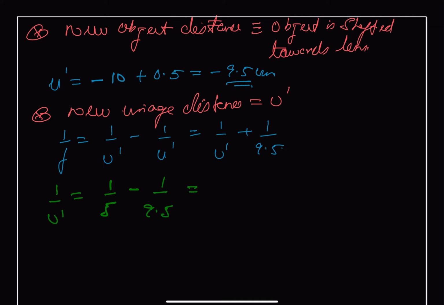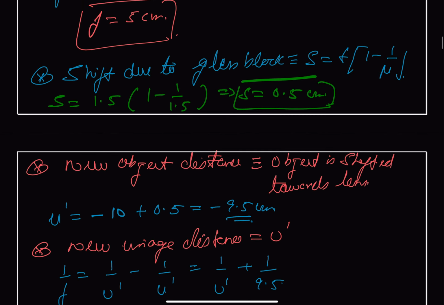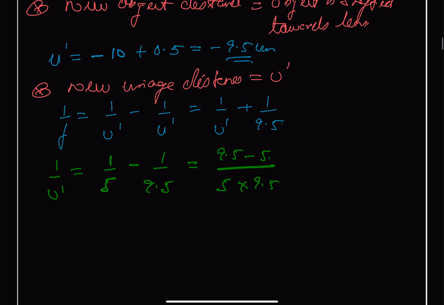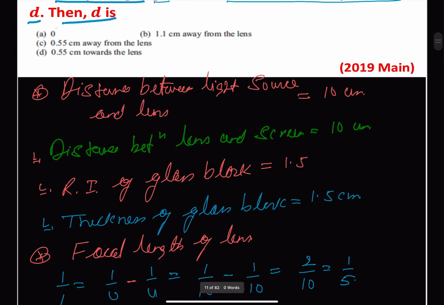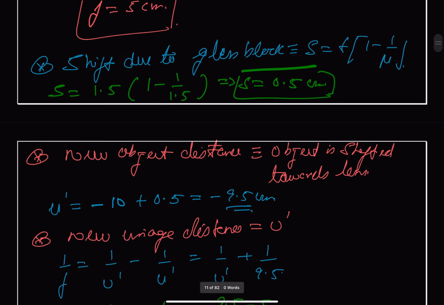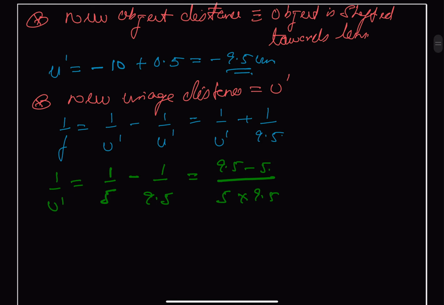This gives us 9.5 minus 5 over 5 into 9.5. Let me check. This is 0.5 and focal length is 20.